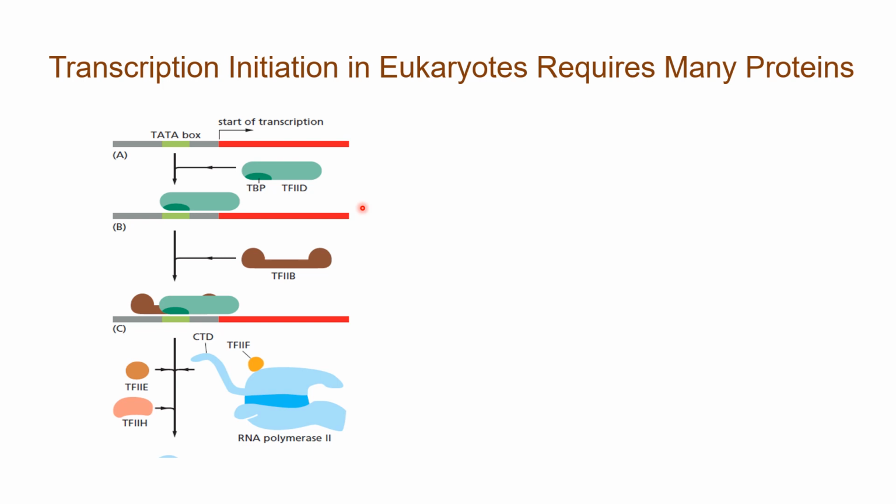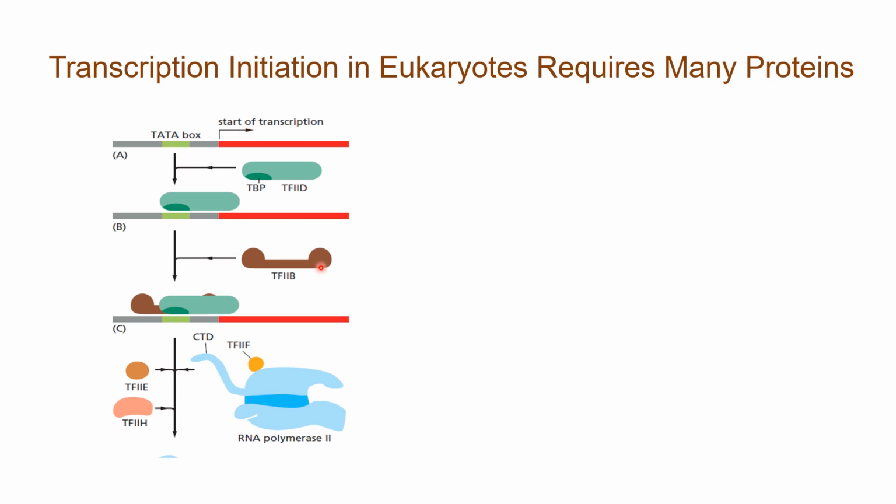These are called the general transcription factors. The factors which you see here, like transcription factor II D, II B, and E and H, are all aiding the polymerase in binding this region of the promoter so that it can initiate the process of transcription.